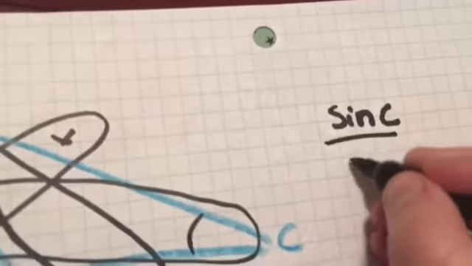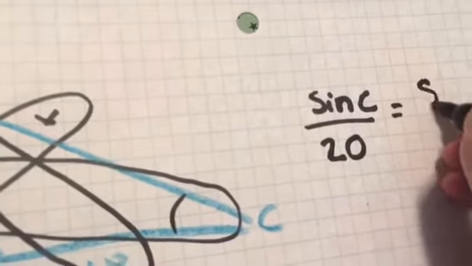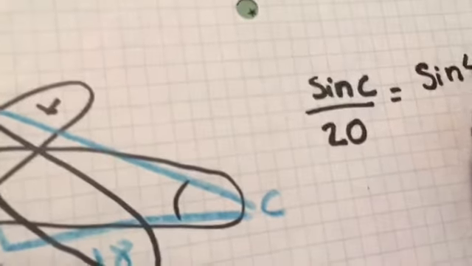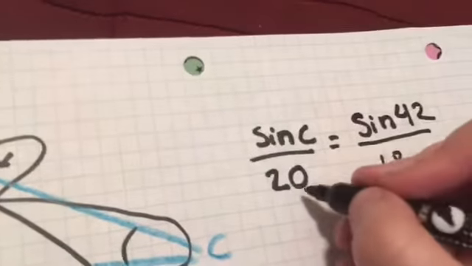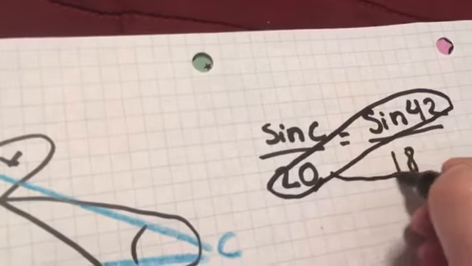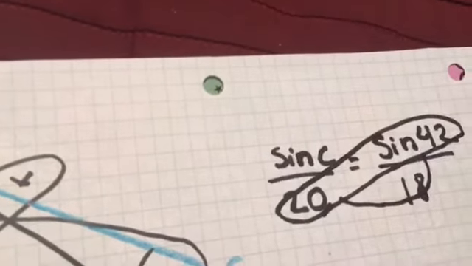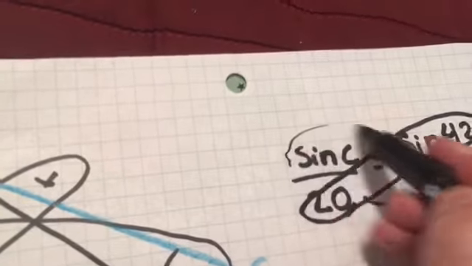It'd be sin C over 20 equal to sin 42, because A is 42, over 18. And then you are going to cross multiply and divide. So going back to what I said before, once again, you want the same numbers here, and if your variable is a degree, you want the degrees on top.